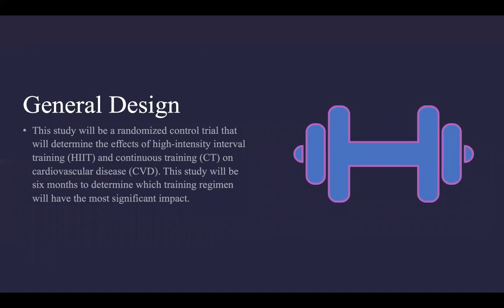The design of my study is to be a randomized controlled trial, and the individuals will be split up into a HIT group or continuous training group. It'll be 6 months, and that will determine which has the most significant impact.